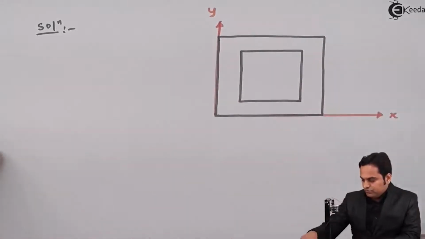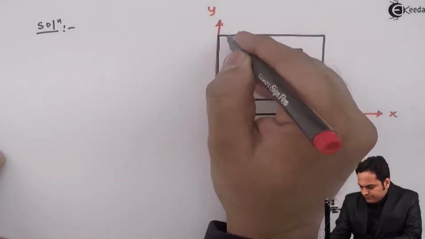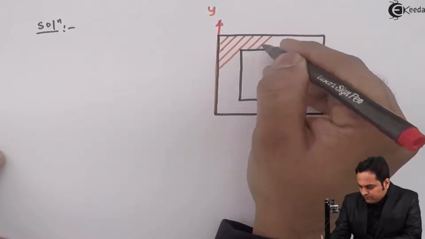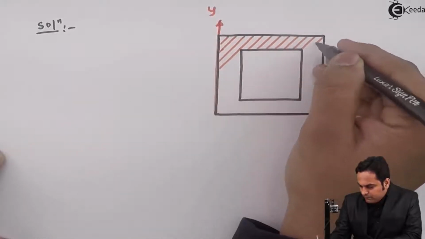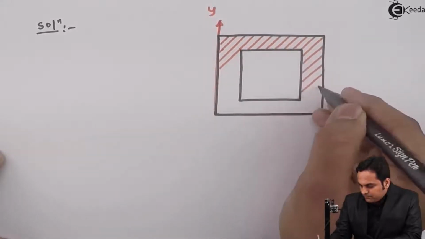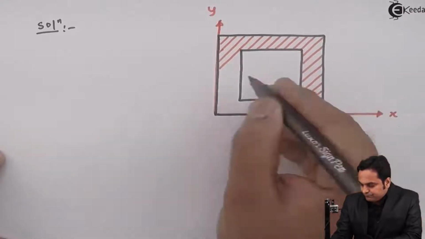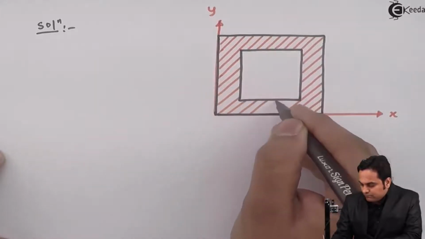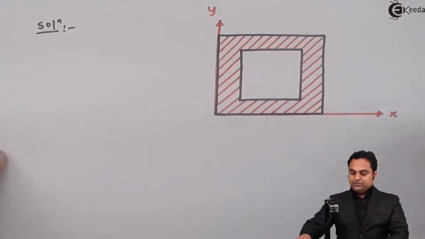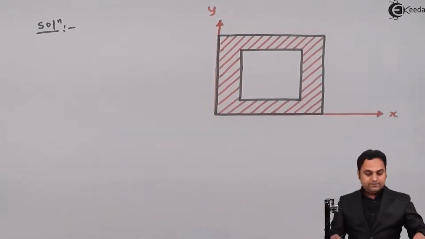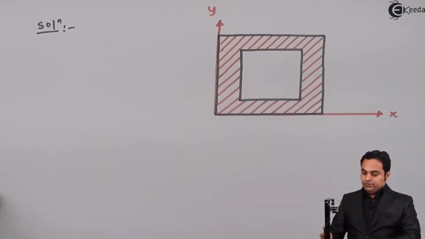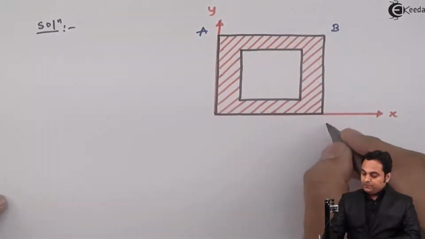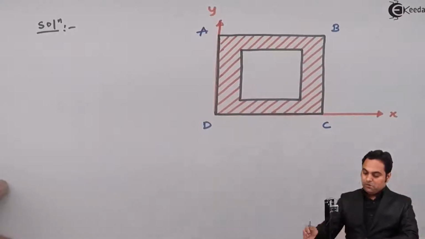So it is a hollow square section. So here is the hollow section, and I'll mark the corners here. We have corner A, corner B, this is C and D.